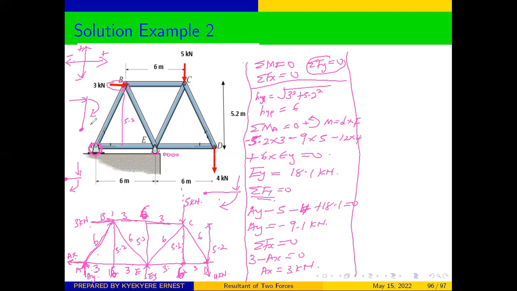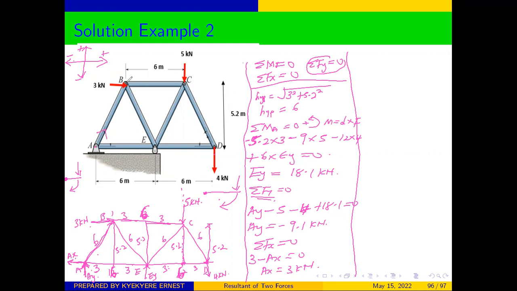Therefore, from here, you are going to indicate your directions first using the third law of motion. From here, if this member is exerting a force on this joint, this joint will exert an equal and opposite force. So let's take it that the force this joint is exerting on this member is going in this direction.